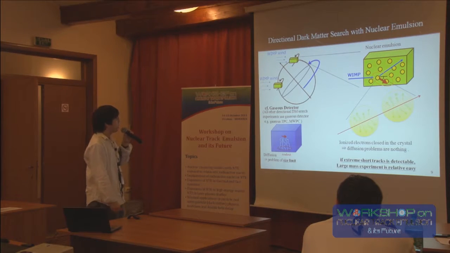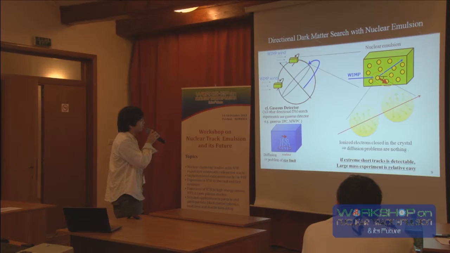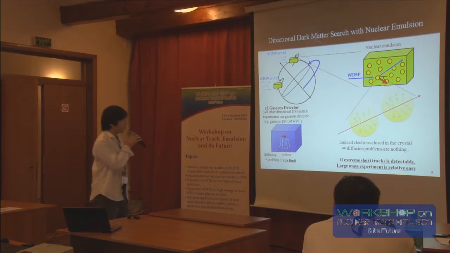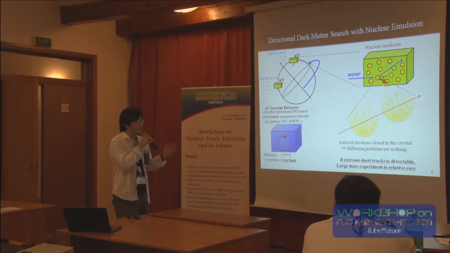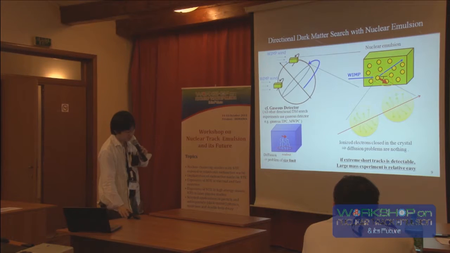But nuclear emulsion can limit the diffusion inside the crystals, so the diffusion problem is nothing. If extremely short tracks are detectable, a large mass experiment is relatively easy. Of course, you know very large mass experiments like OPERA, so large mass experiment is already proven.